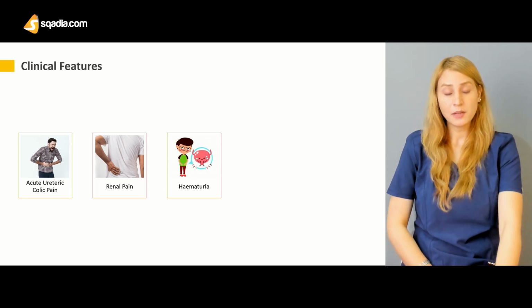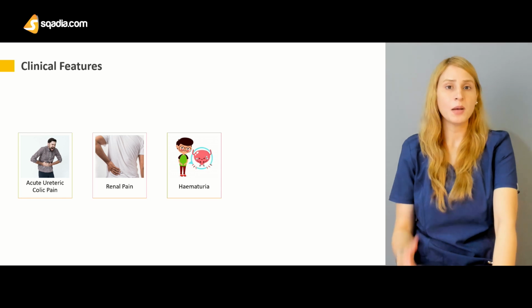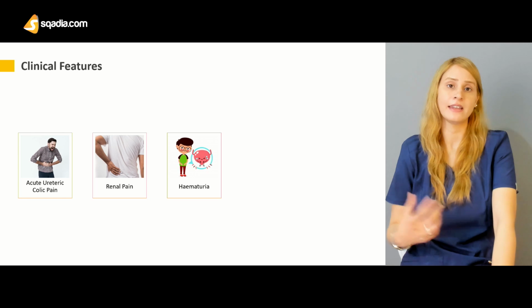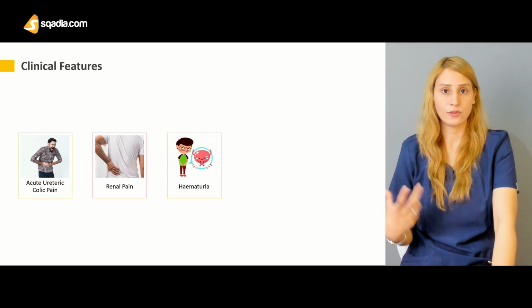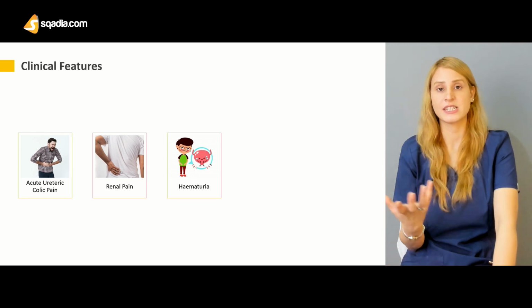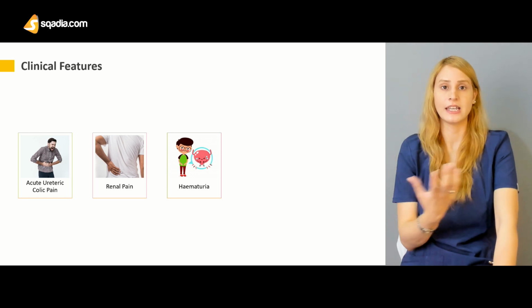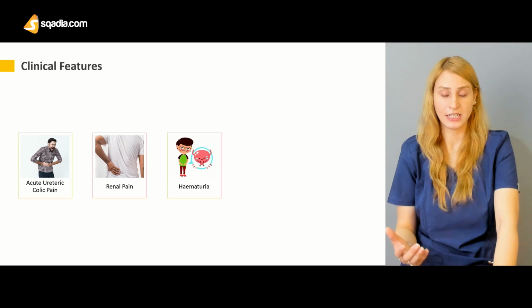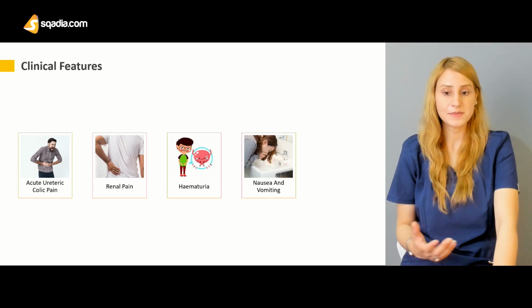But sometimes they are accompanied by fever, vomiting and tachycardia, and the patient is nauseated, with all the signs of inflammation: tachypnea, tachycardia and fever. That would indicate the patient has obstructive and infective symptoms as well.